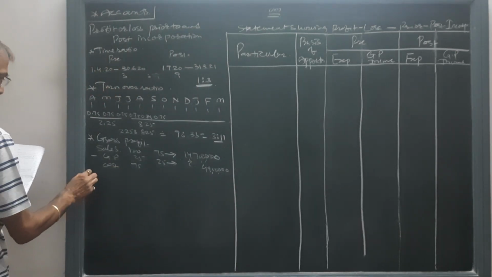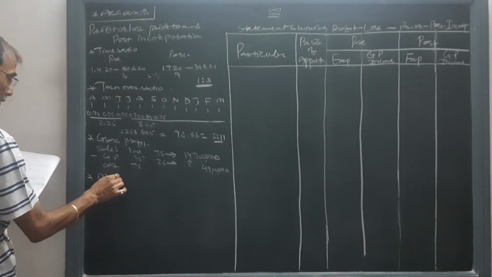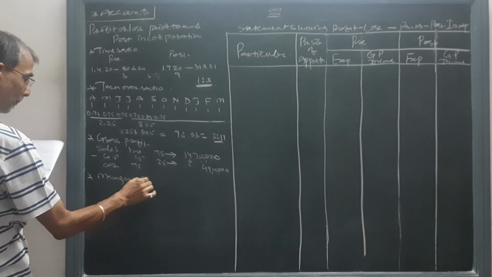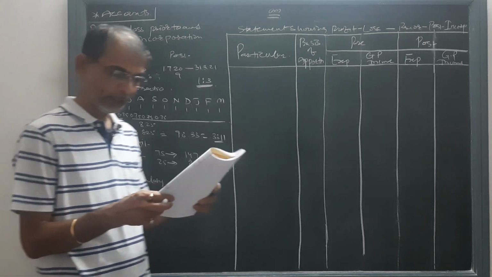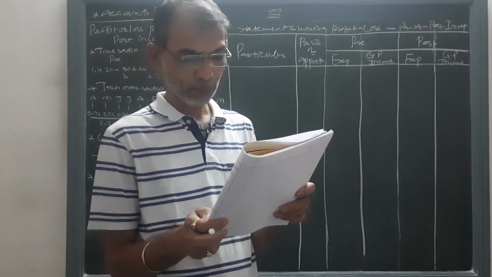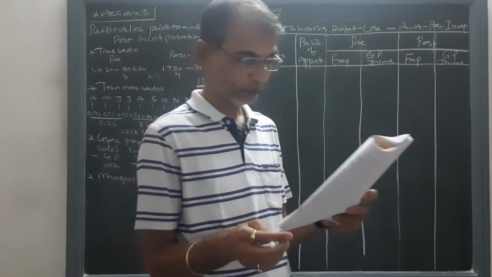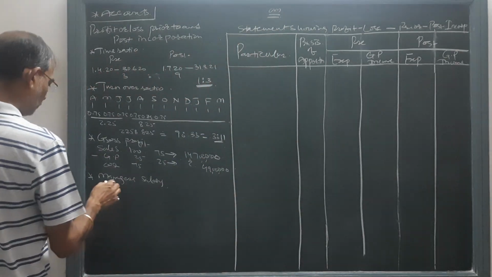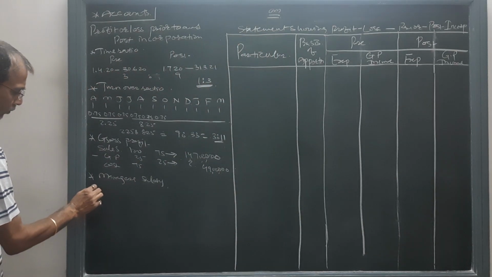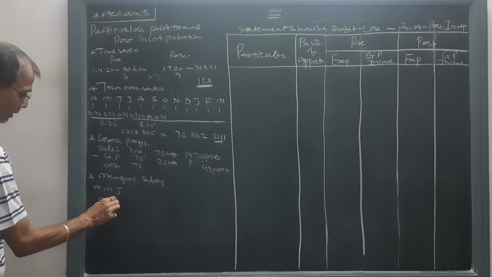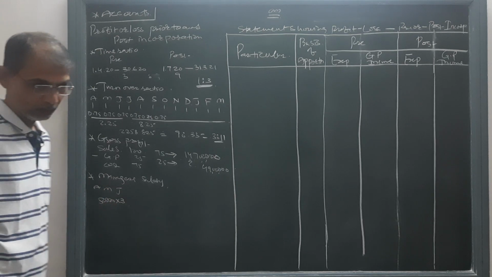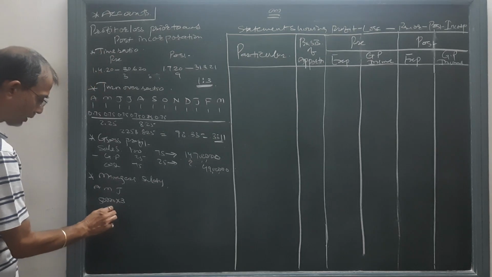Then after, we have to bifurcate the manager's salary. It has been said that the manager was getting 50,000 per month. So for April, May, June, 50,000 into 3, 1,50,000.